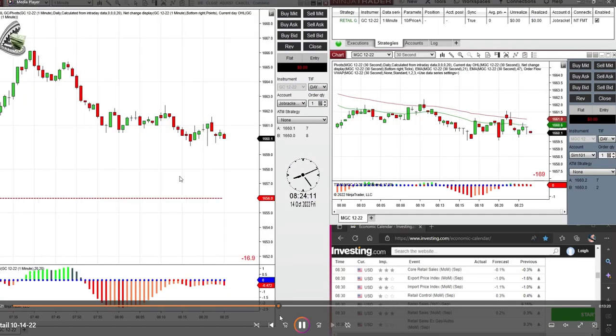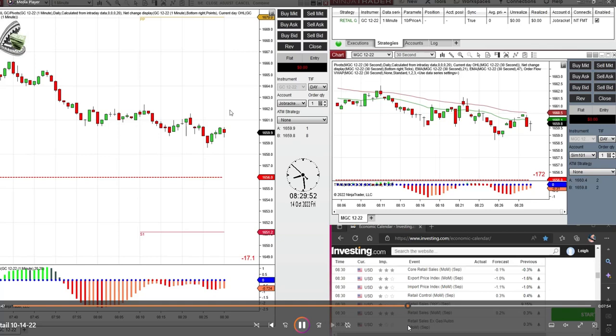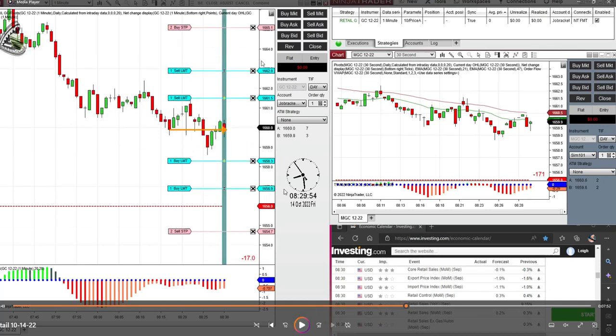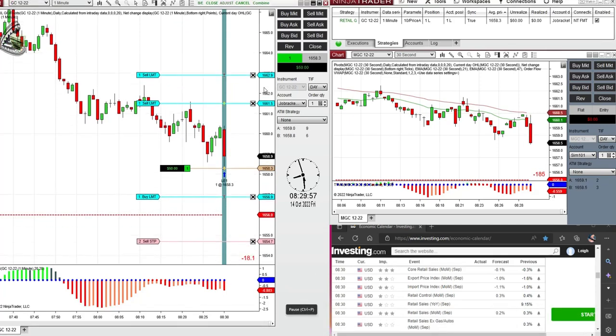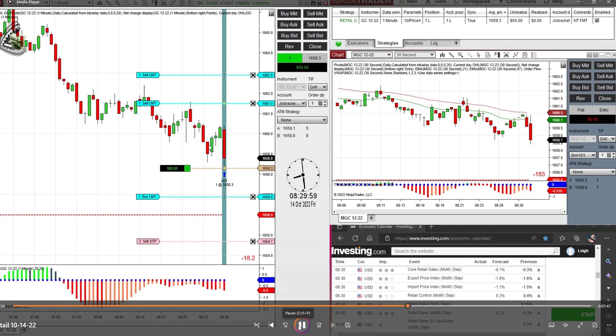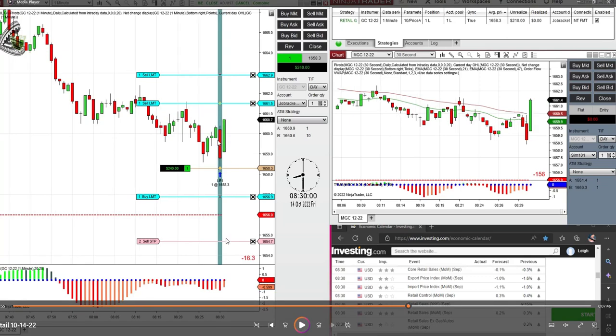This was U.S. retail news, a great trap trade. So the orders, again, two orders above, two orders below the current price. And the price moves. It goes down and it immediately changes direction.